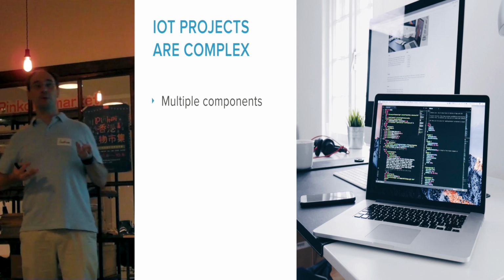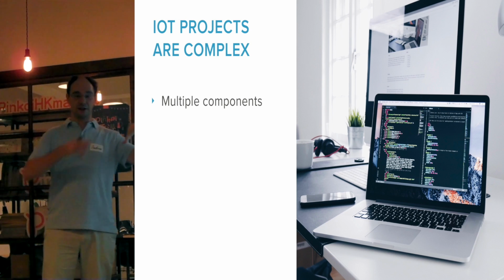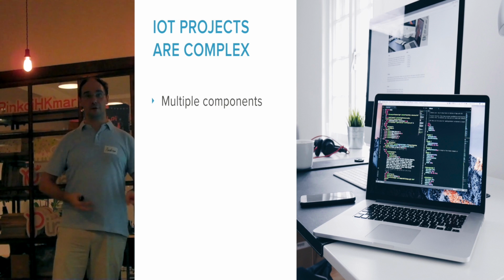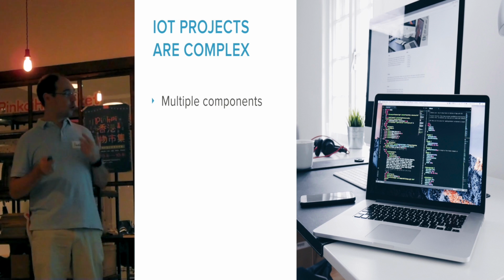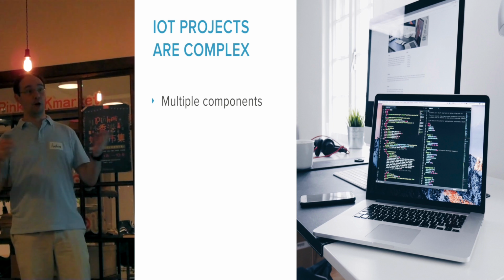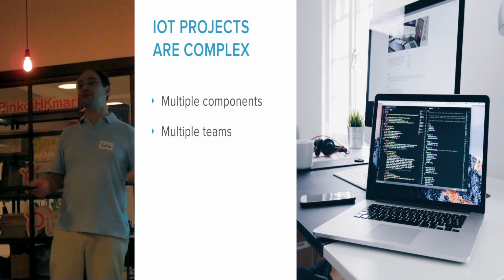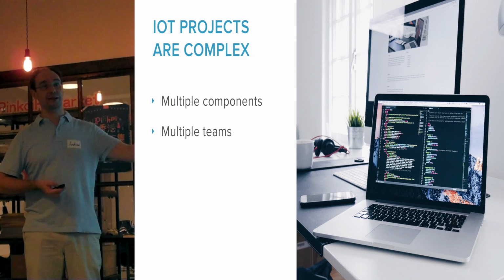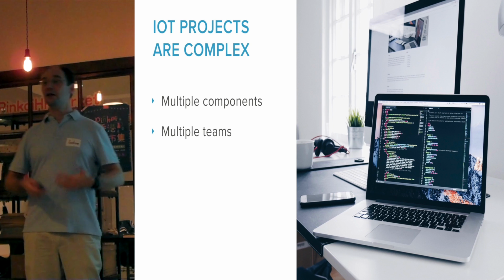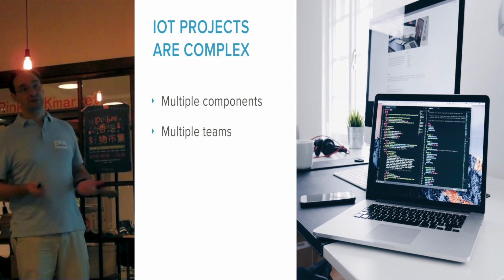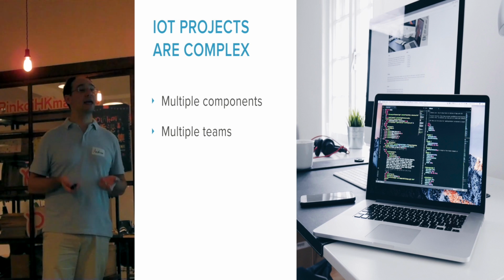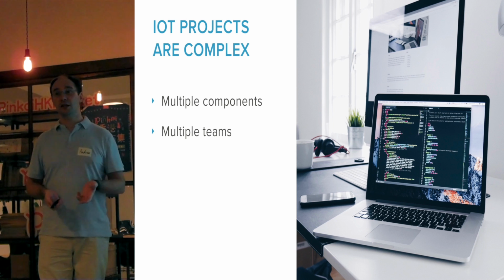So there are already 4 components: the enclosure, the PCB, the firmware, the software, and all those multiple components are developed by separate teams. You cannot expect one team to know how to make glass, how to make mobile apps, right? So you're going to have probably 4 teams, at least 3 teams working on the same product.